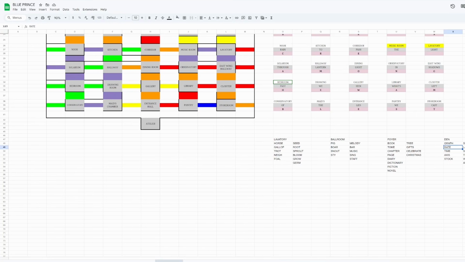Spear. This could be like spend. I don't know. Could be a bunch of things.